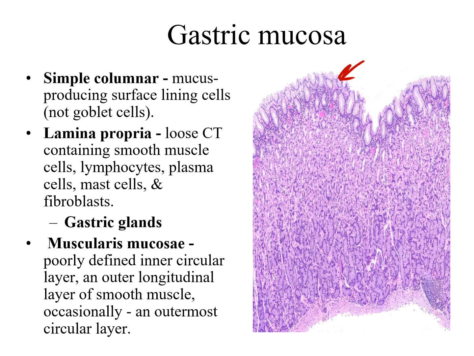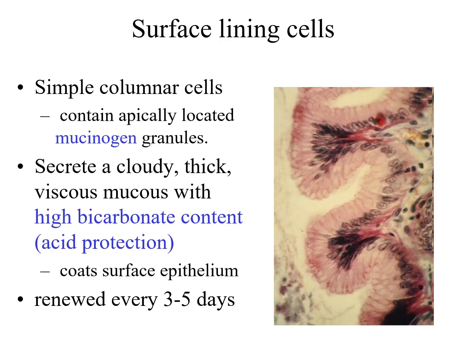And finally, we have the final component, which is the muscularis mucosa. Again, it is poorly defined smooth muscle, and usually they divide it into two layers, inner circular and outer longitudinal, but it is not as clear as in the muscularis externa.